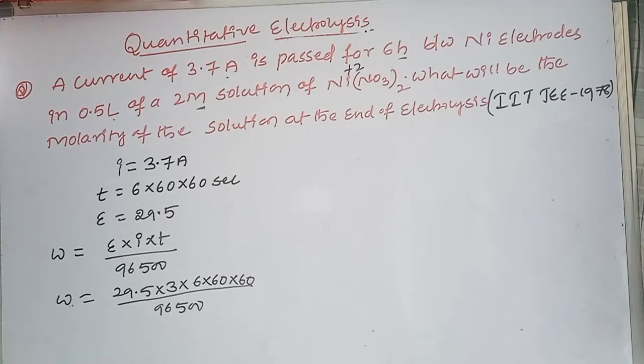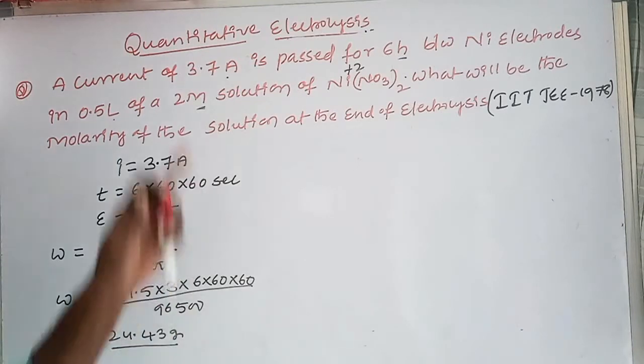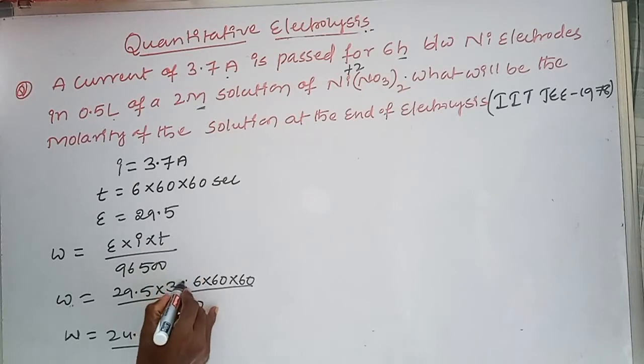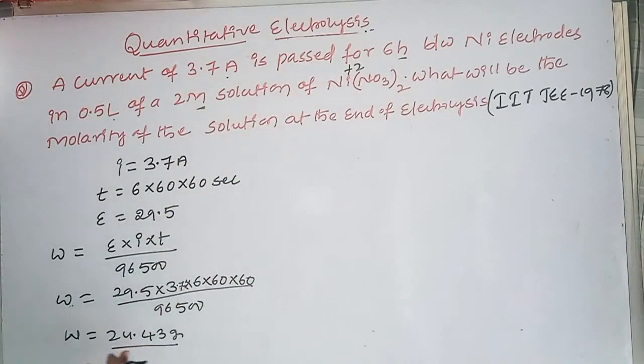If you simplify this, we will get weight equal to 24.43 grams. So this much weight was deposited on the electrode when 3.7 ampere was passed for 6 hours. How much weight of nickel was deposited? 24.43 grams of nickel was deposited.